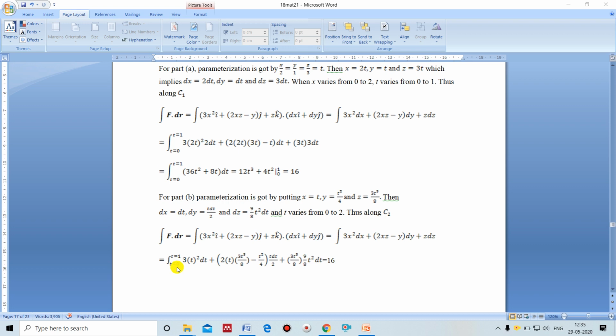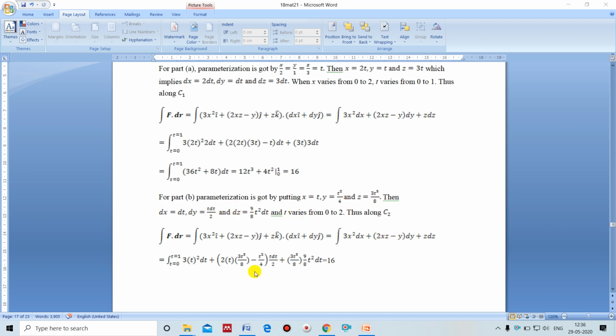From this we get the integral from t equal to 0 to 1 of 3 into t square dt plus 2t into t cube by 8 minus t square by 4 into t into dt by 2 plus 3 t cube by 8 into 9 by 8 into t square dt. It is obtained by substituting the values of x, dx, y, dy, z, dz here.